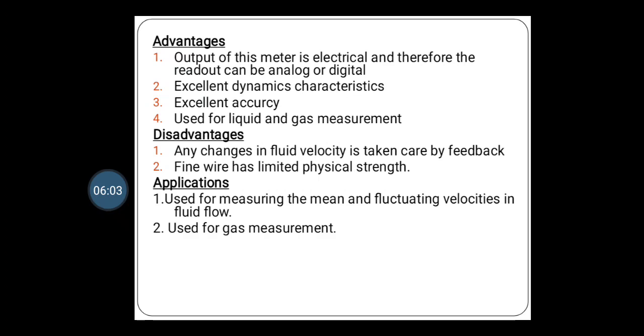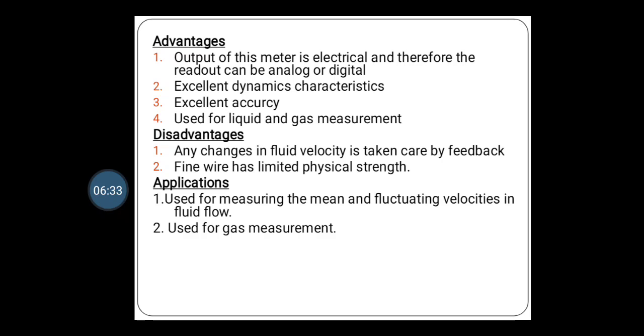Now the advantages, disadvantages, limitations and applications of the hot wire anemometer. The first advantage is that the output of this meter is electrical and therefore the readout can be analog or digital. Excellent dynamic characteristics, excellent accuracy, used for liquid and gas measurement.